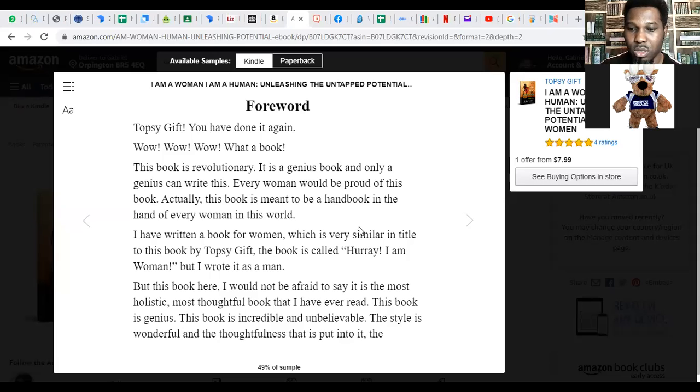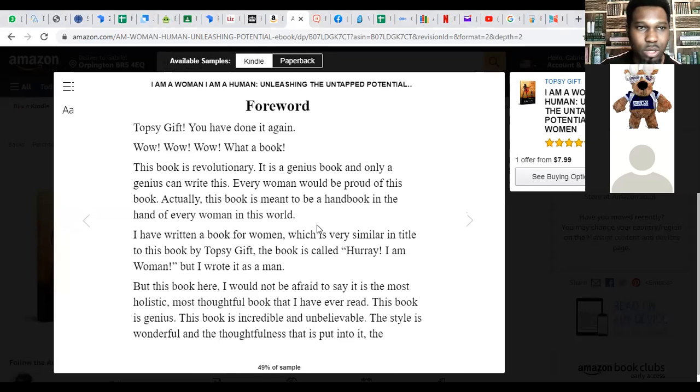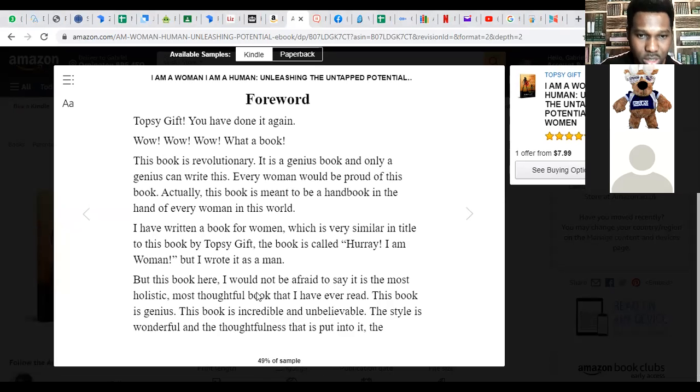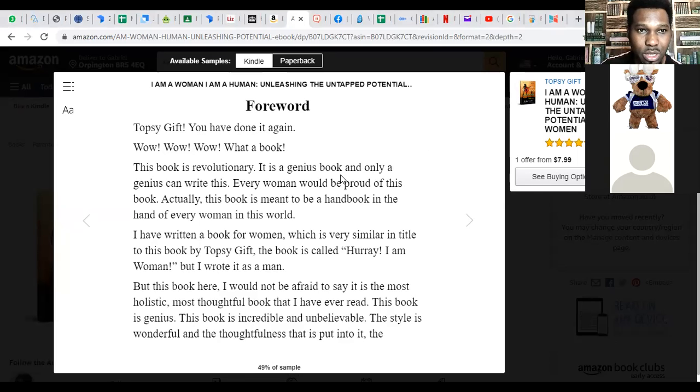Okay, Amazon. Okay, so can you see my screen? Yeah, teacher. Okay, good. This is loading. I don't know why it's taking a long time to load. Yes. Okay, thank you.